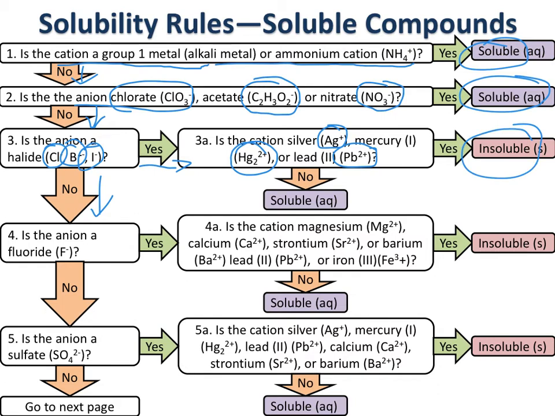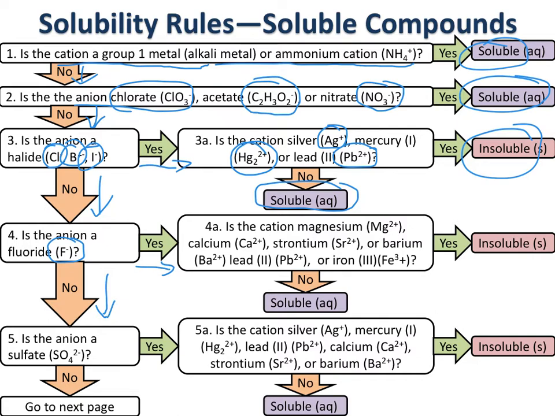If the answer is no, then the compound is soluble. Question number 4. Is the anion fluoride? If the answer is yes, then go to question 4A. If the answer is no, then skip to question 5.